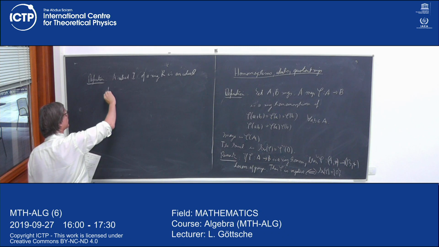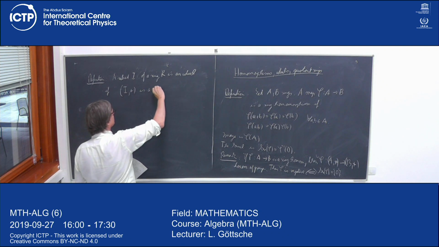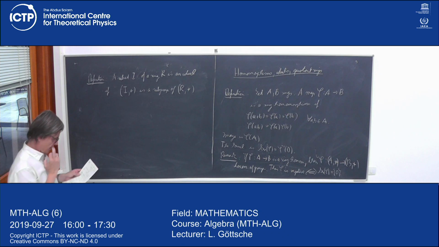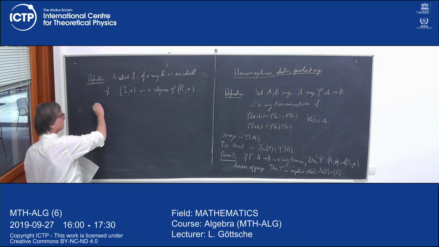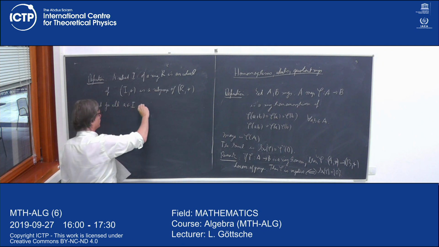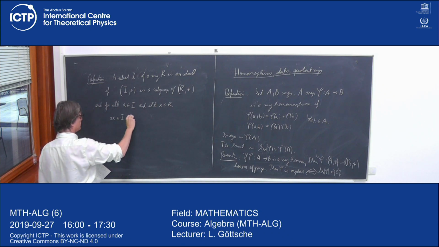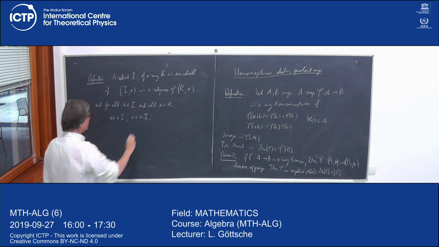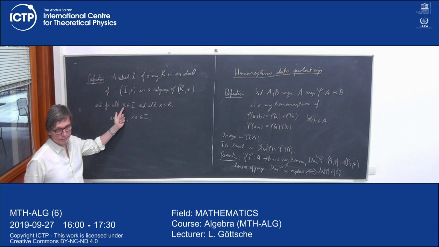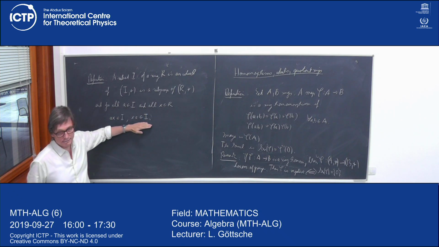If you happen to know what that is: first, if I take I with addition, it's a subgroup of R, and we have one more condition, for all A in I and all X in R, we have AX is in I and XA is in I. So in order to be a subring, you would have the same condition where A and X are both supposed to be in I. But now we make the stronger condition that if I multiply an element A in I with any element in the ring, I stay in the ideal.